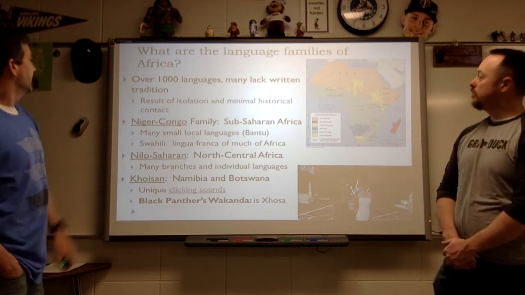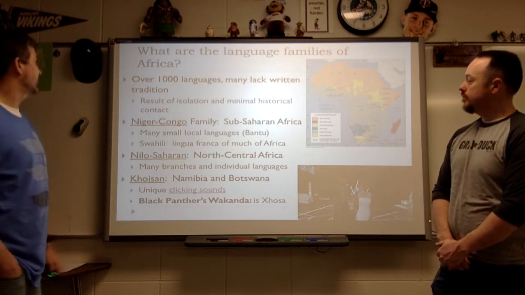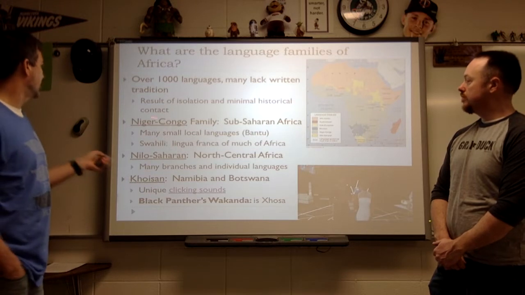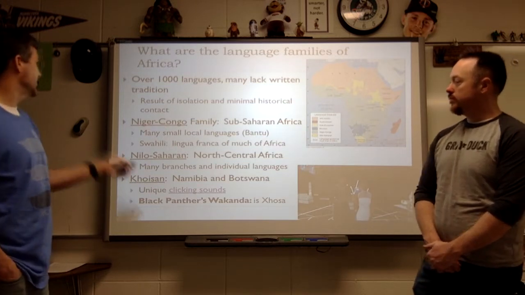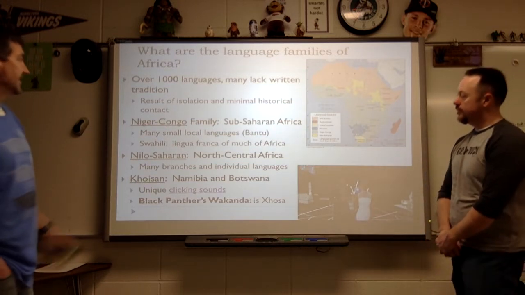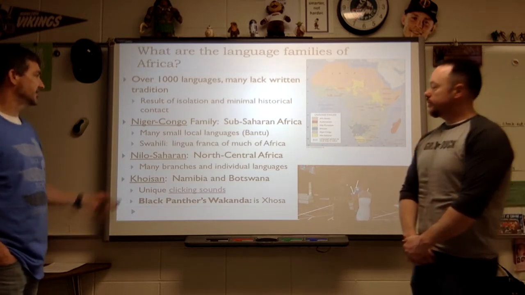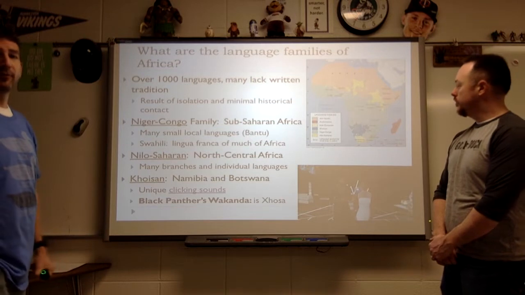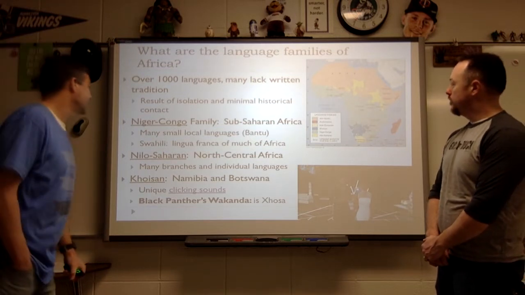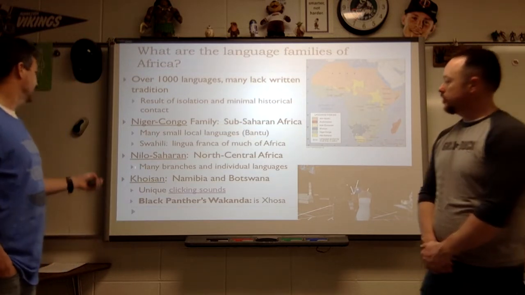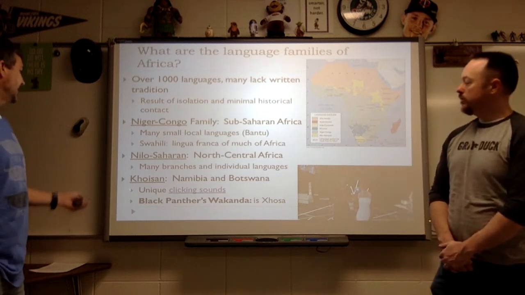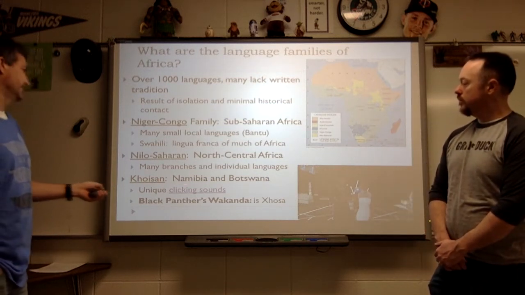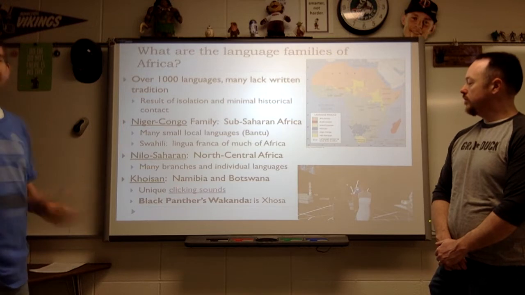So, African language families: the one you really got to know is Niger-Congo, and that's in sub-Saharan Africa. You're going to see the Bantu language. Swahili is going to be a lingua franca, which we'll get into later on. You have the Nilo-Saharan, and then Khoisan, which is the clicking sounds that you'll hear.